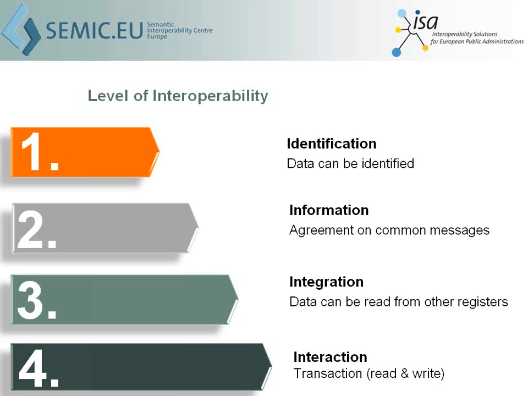I saw that this company is not in the insolvency register of Norway, let's say. Then the second level is a little bit more advanced information. This is when two communication partners agree on a common message format. At the moment, I guess that you are doing this stuff. Integration means that everybody can read from another country, from another register, without touching the real data, just an excerpt of the data.